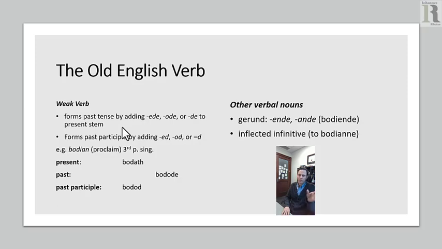Again, it's used in various ways that are different than the gerund, but it's the infinitive, right? In Old English, there was also an inflected infinitive, but it was always used in combination with the preposition to.